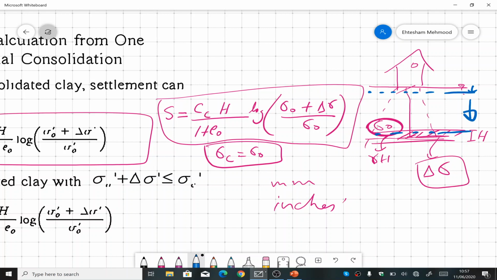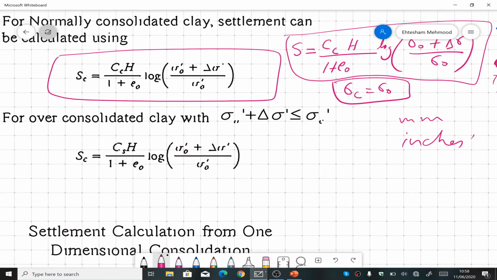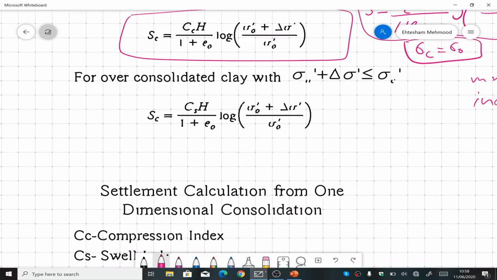Now coming to the second type of clay soil, that was over consolidated soil. In over consolidated soil we have two cases. Just to explain this, I'll draw an e-log P curve again.